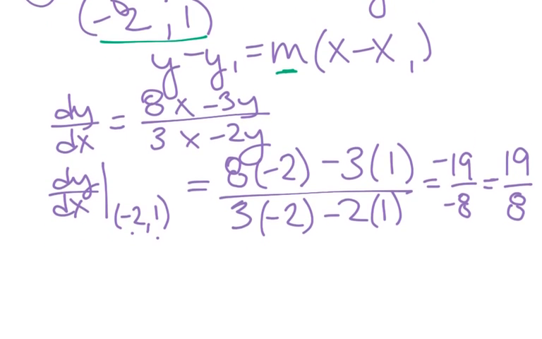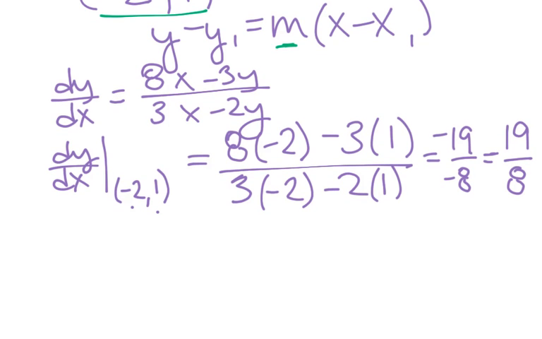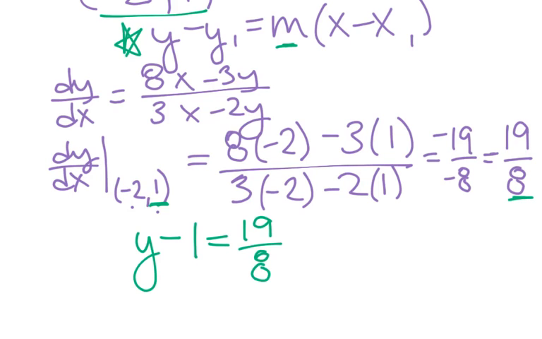Okay, so now I can plug that into my equation. So I'm using this equation for the tangent line. It is y minus y1, my y value is 1, equals the slope, 19 over 8, times x minus x1. x1 is negative 2, and we know when you subtract a negative, it's equivalent to adding.